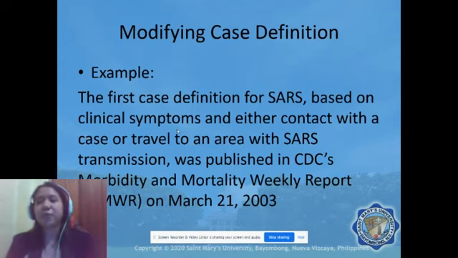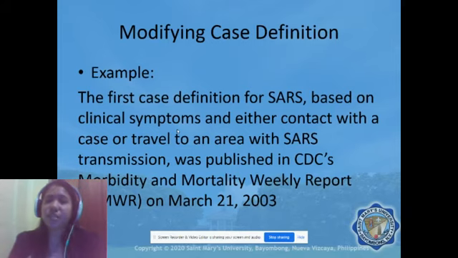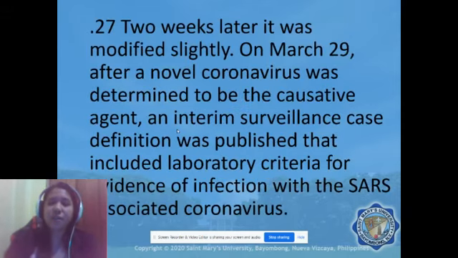There are also instances where there is a modification in the case definition. Take, for instance, the definition of SARS. The first case definition for SARS was based on clinical symptoms and either contact with a case or travel to an area with SARS transmission. That was on March 21, 2003. Two weeks later, it was modified slightly because they learned that it is related to a novel coronavirus.